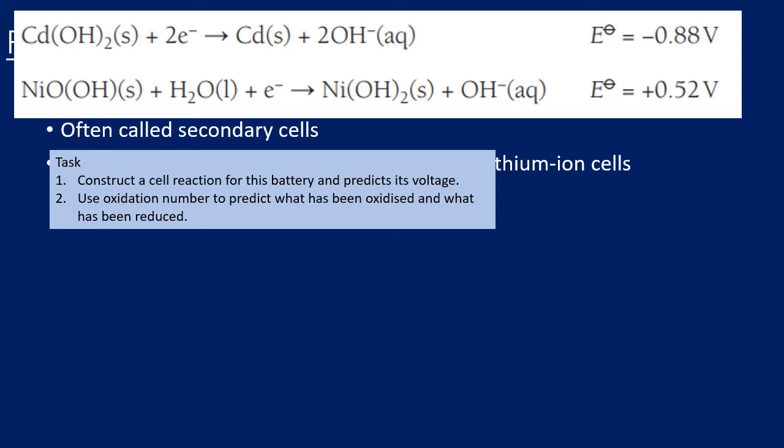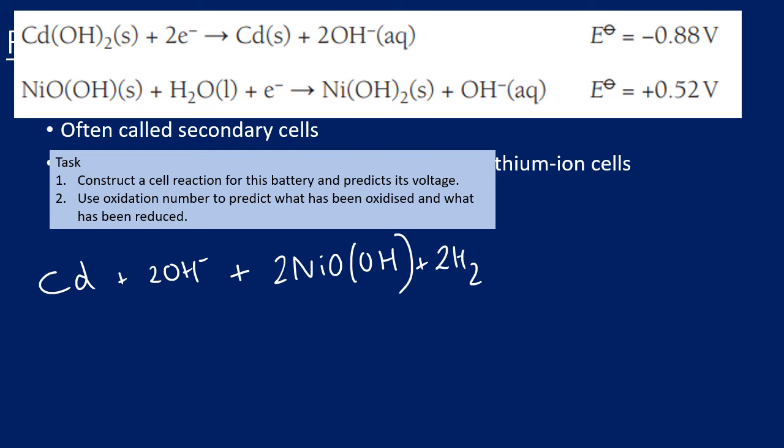Okay, so cell reaction, the cadmium is going to be the negative electrode. We need to multiply the positive electrode by 2 because there's only one electron there. So it's going to be Cd plus 2OH minus plus 2NiOOH plus 2H2O.